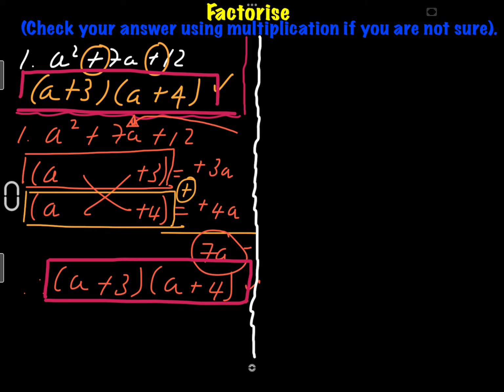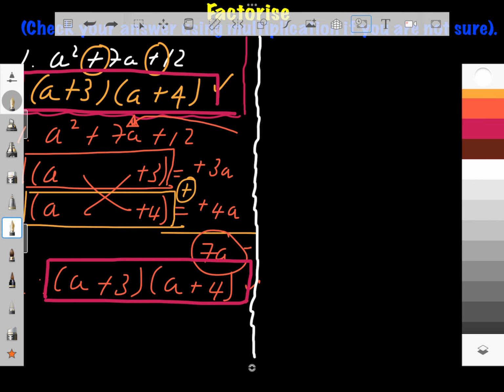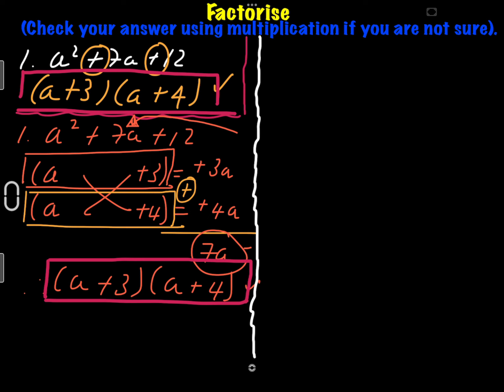Okay, now using the third method or other technique. So now our third application goes like this: a squared plus 7a plus 12.